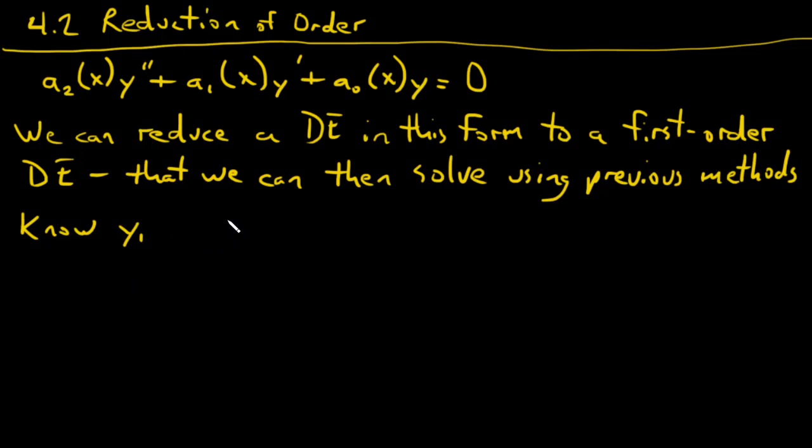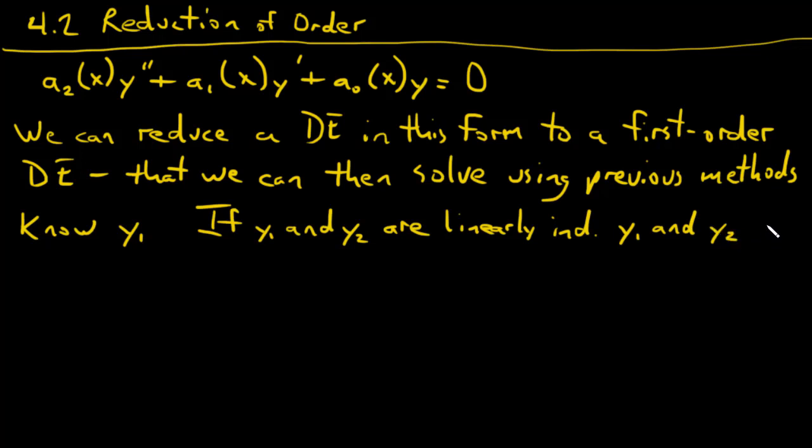Now, if y1 and the second solution, y2, are linearly independent, that means, based on what we talked about before, that they are not multiples of each other. So far, so good.